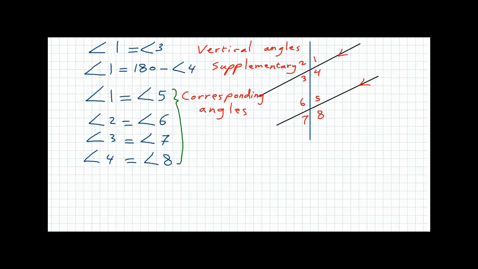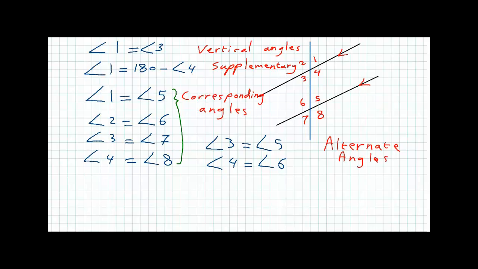Another relationship we can see between these angles: angle 3 is equal to angle 5 and angle 4 is equal to angle 6 because these two pairs of angles are called alternate angles.